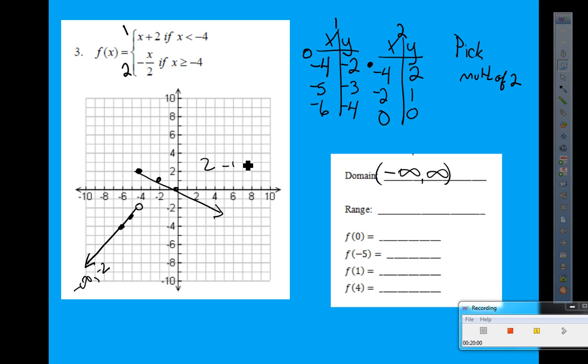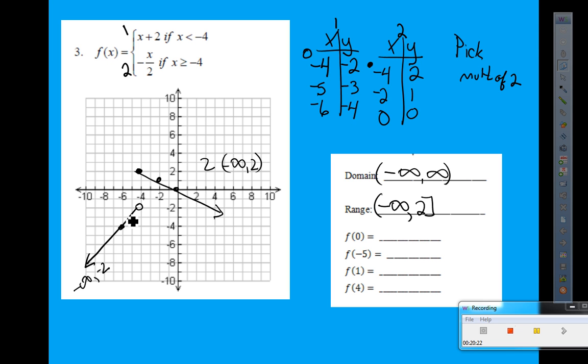So it goes from negative infinity to 2. Think about this. I don't use any y values up here, it looks like. So I start using a y value of 2, and then I use everything underneath it. So my range is going to be negative infinity to 2. I'm going to put a bracket on the 2 because of that closed dot.